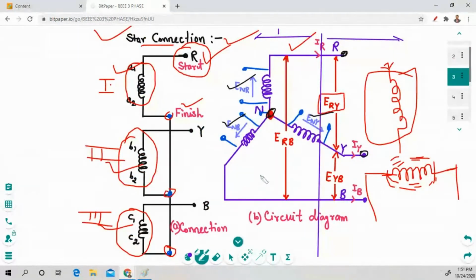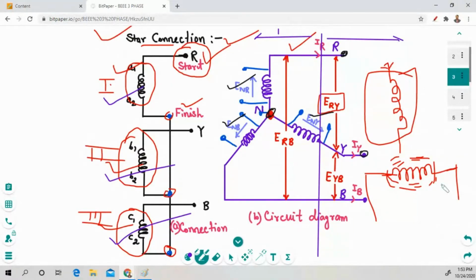Now in the last lecture we discussed star connections with the help of these three windings A1, A2, B1, B2 and C1, C2. We generated the first phase using A1, A2, the second phase by B1, B2, and the third phase by C1, C2. And this is called a star connection, where the finish terminals are connected together.